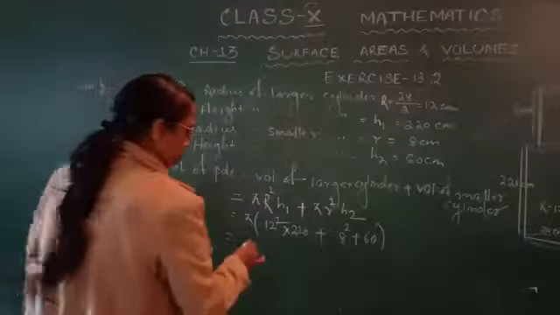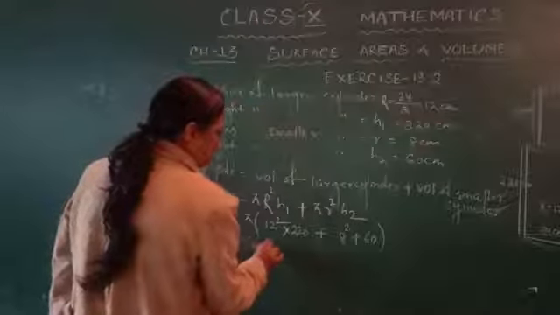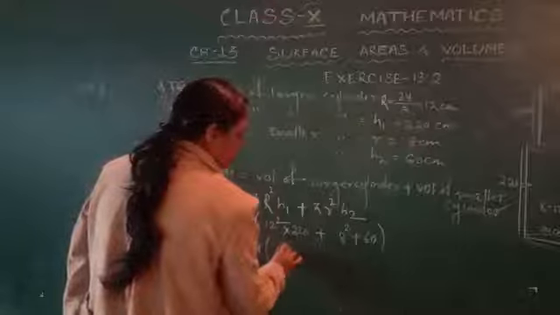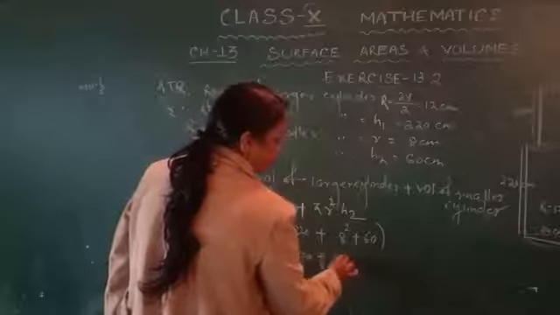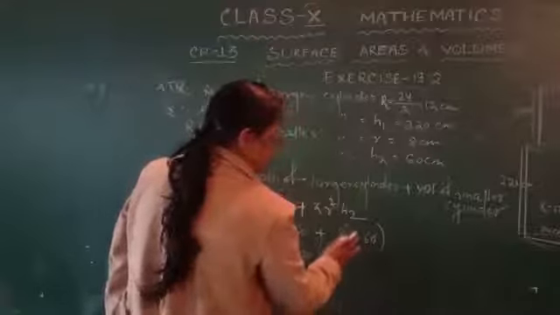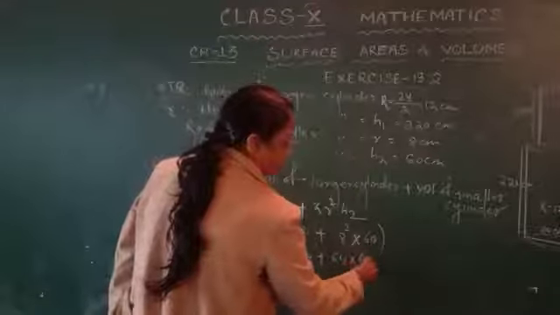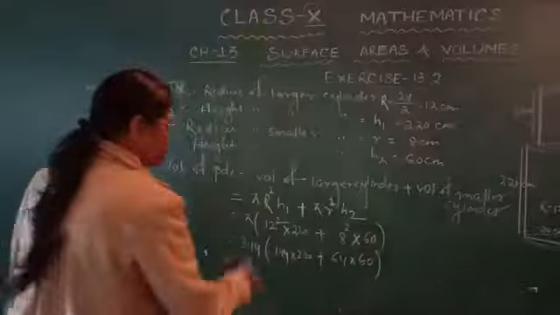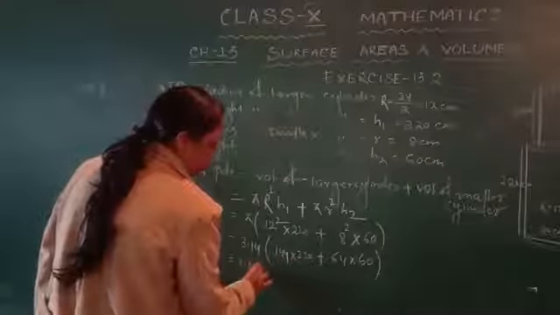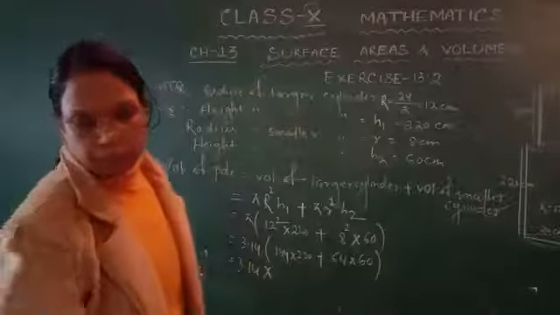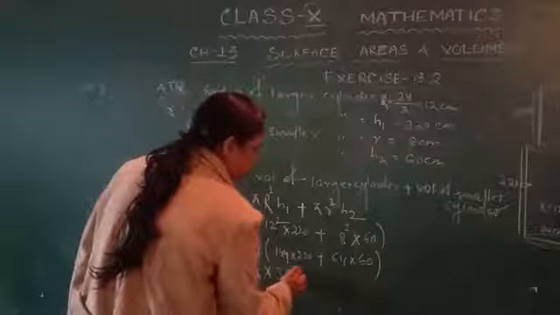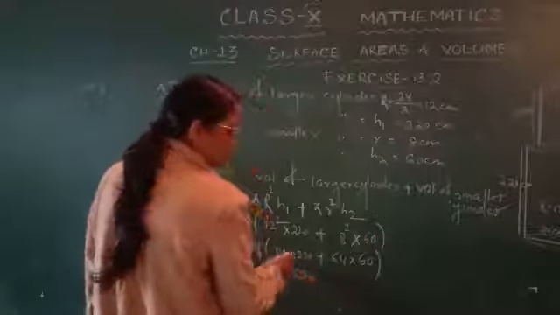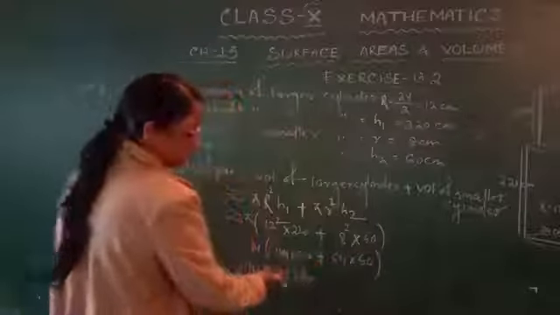So that is equal to how much? Pi, here it is given 3.14, into 12 square is 144 into 220, plus 8 square is 64 into 60. So that is equal to 3.14 into 35520, when you multiply these two and these two and then add.